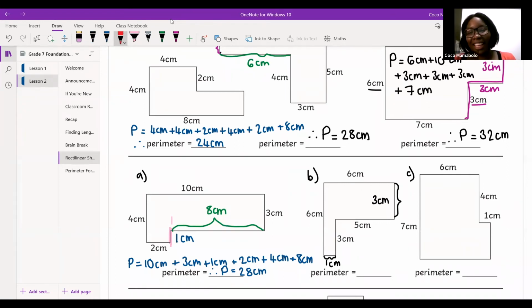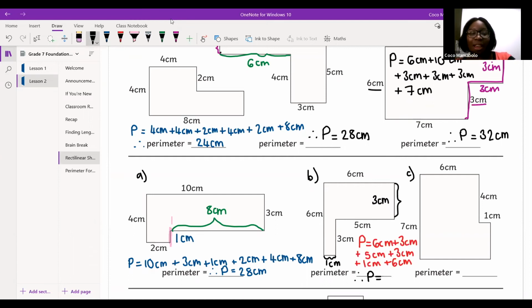Capital letter P is equal to 6 centimeters plus 3 centimeters plus 5 centimeters plus 3 centimeters plus 1 centimeter plus 6 centimeters. Give me your answers in the chat. Therefore, capital letter P is equal to, how much is that equal to? And the addition is not the difficult part, guys.